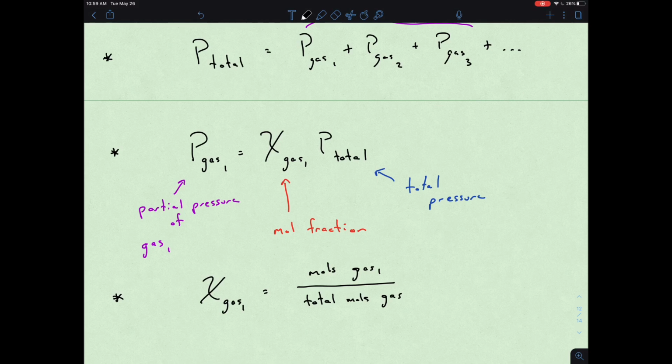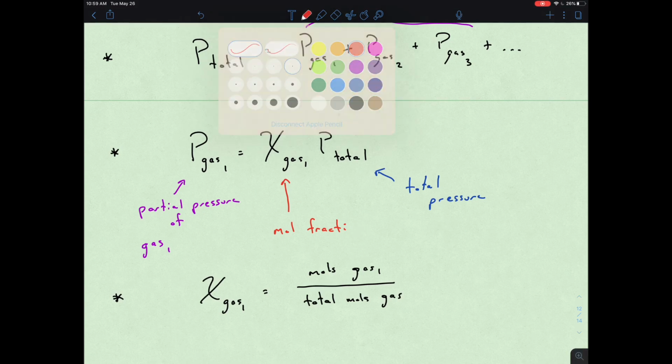But that's all that Dalton's law is really talking about with mixtures, is that every gas within the mixture has a pressure that's now classified as a partial pressure. And if you sum up those partial pressures, you have the total pressure. And another way to think about that is by this idea of mole fraction, right? Just looking at the percentage of the gas that makes up the mixture.